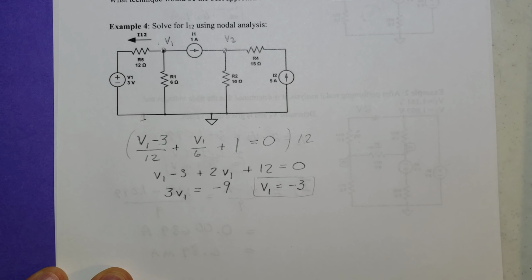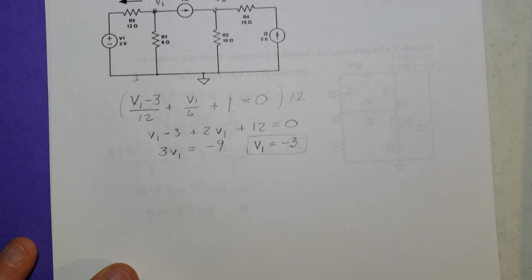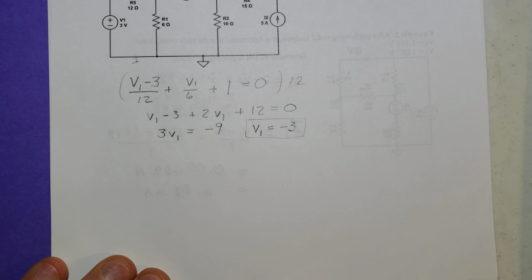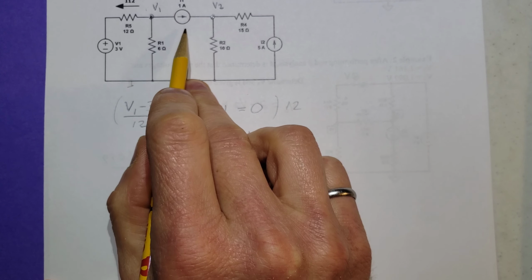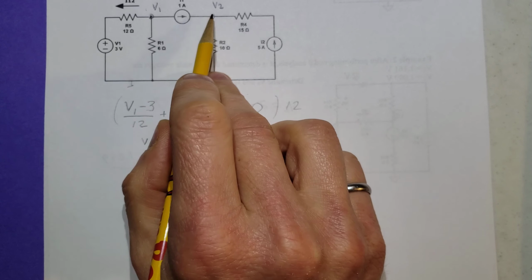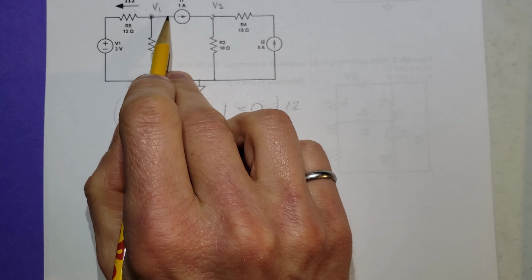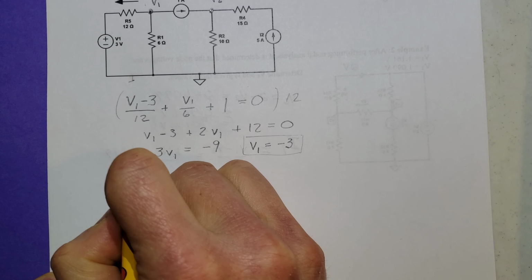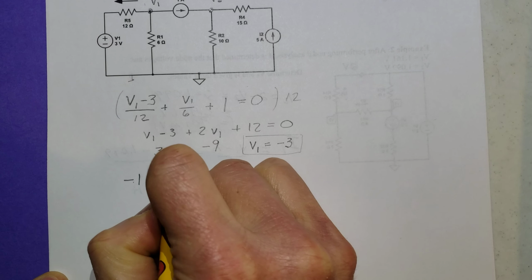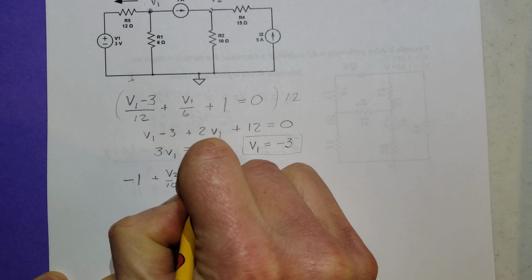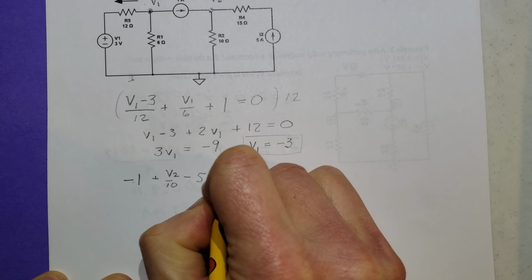And so we've got that directly without having to solve any linear algebra. So for the second equation, we take a look at V2. We have one amp coming in, so we want to write these nodal equations as the current going out. We're going to have a -1 plus V2 over 10 minus 5 equals 0.